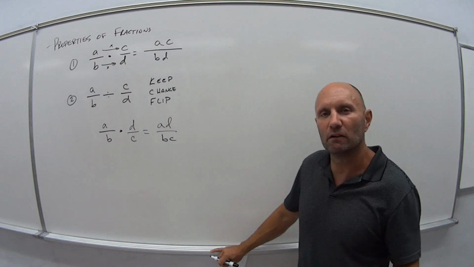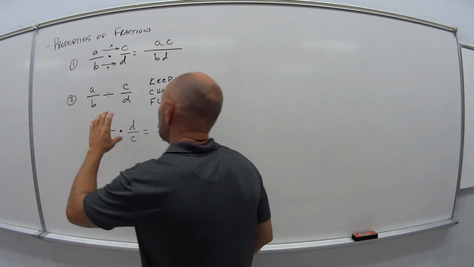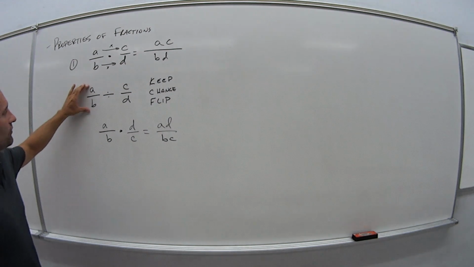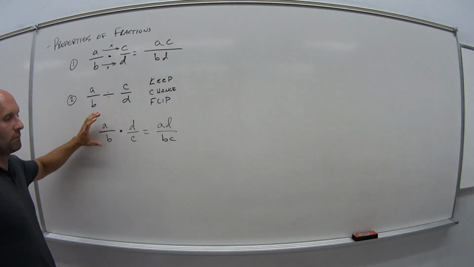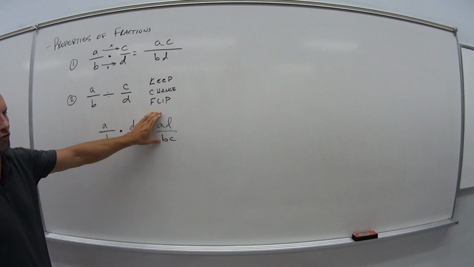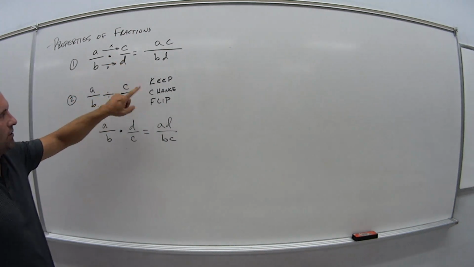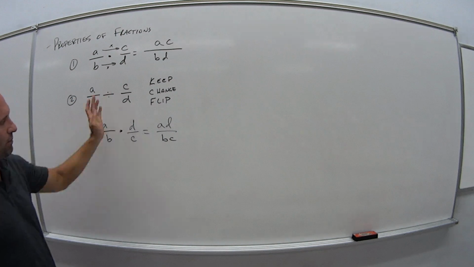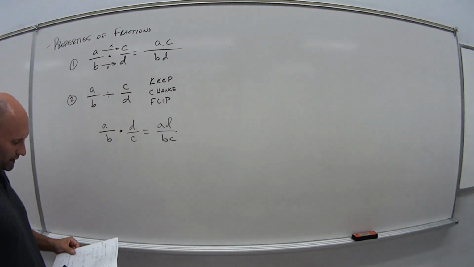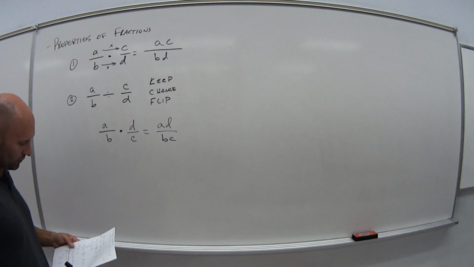So this kind of lends to that point. We take something that's a little bit tricky to start, but we change it to something that's very straightforward, that's just one operation. So if you remember, when we have division, keep, change, flip, then it becomes a multiplication problem. We can handle that in a straightforward manner.